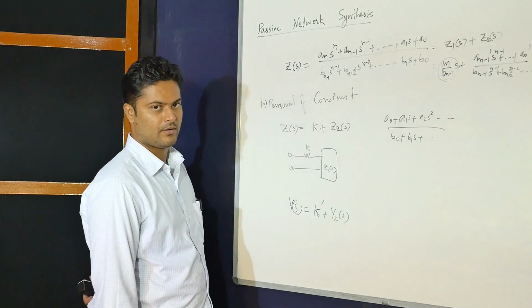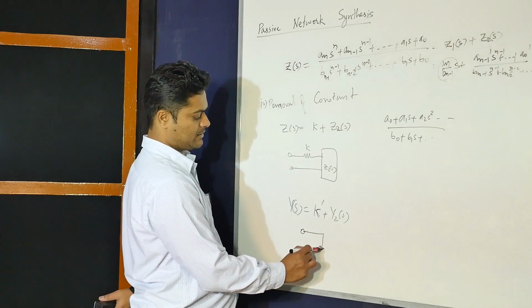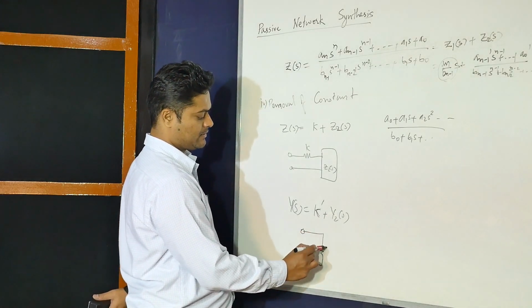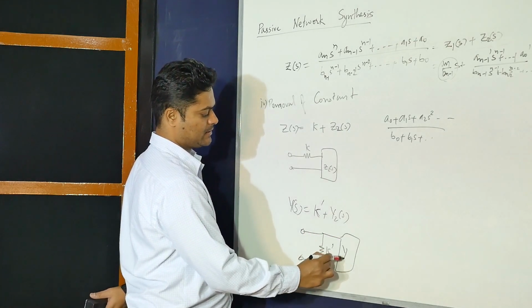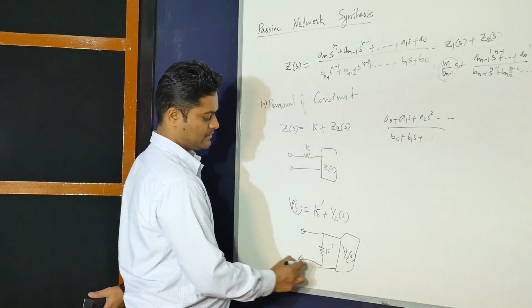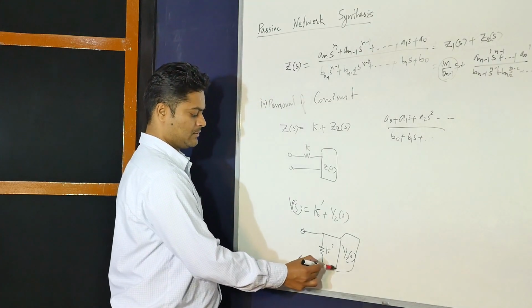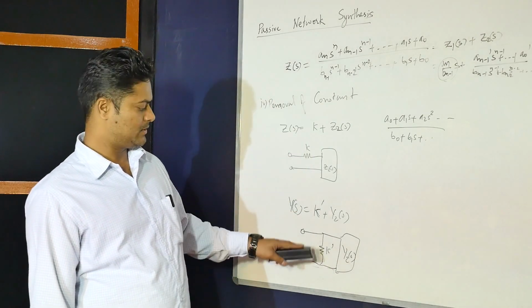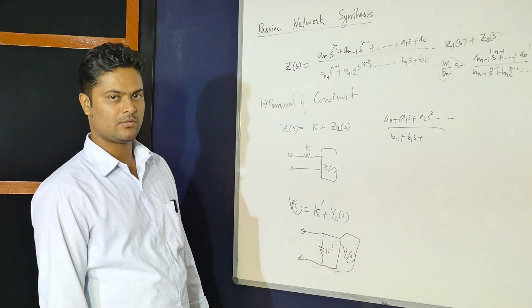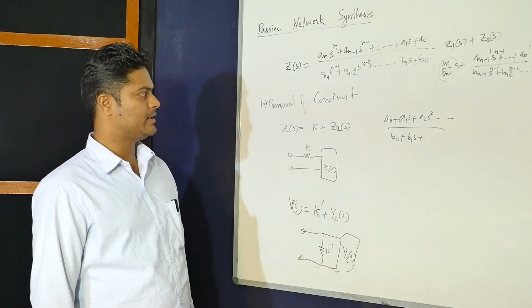K dash is nothing but a conductance with the value k dash Siemens, which is in parallel with the rest of the network, which is y2 of s. So this way we can represent k dash Siemens in parallel to y2 of s. So this is pretty easy.